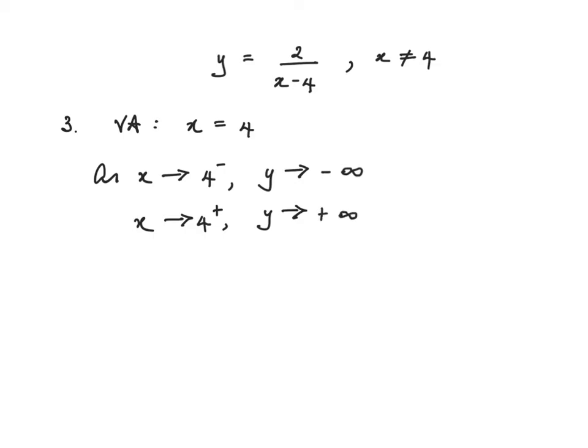So we have a vertical line representing the vertical asymptote x equals 4. To the left of 4 we have negative infinity, and to the right of 4 we have positive infinity.